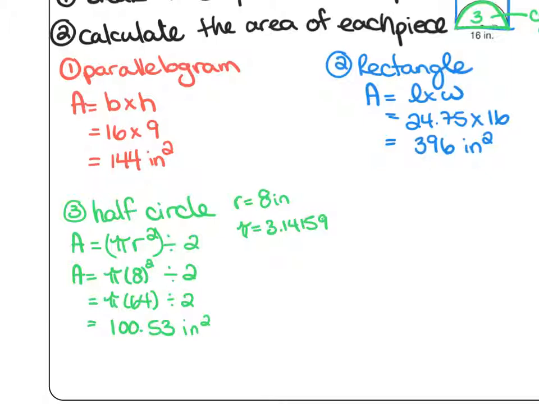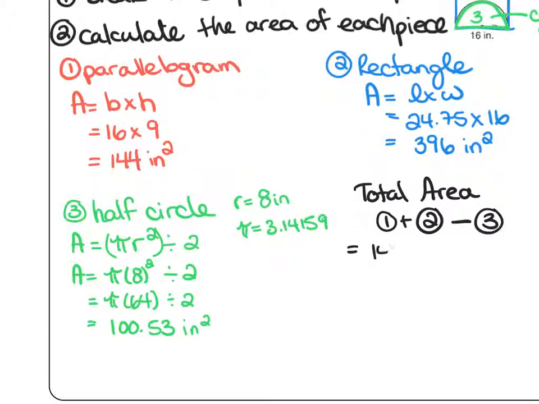Now, the idea of doing this is to find out what our actual shape is. Our actual shape is the parallelogram plus the rectangle with the circle cut out of the bottom. So our total area is going to be 1 plus 2, but we're going to cut out the circle, so we're going to minus our area of 3.